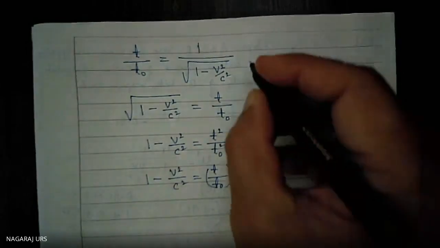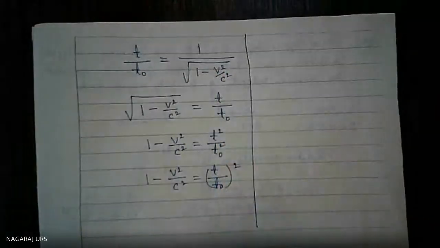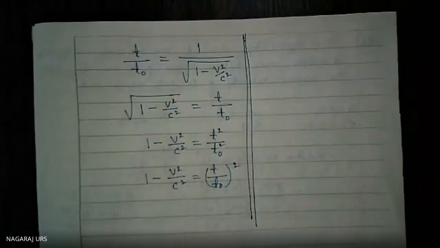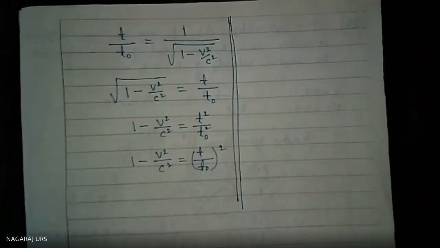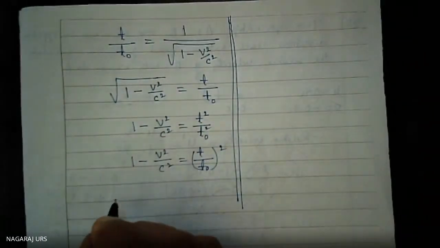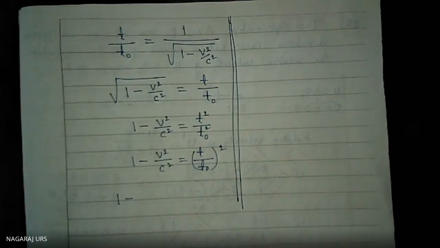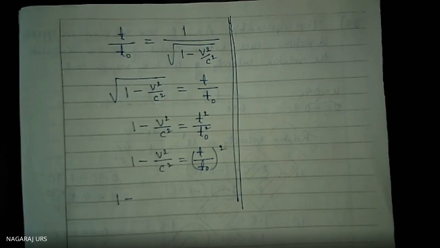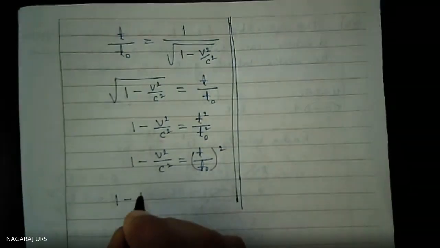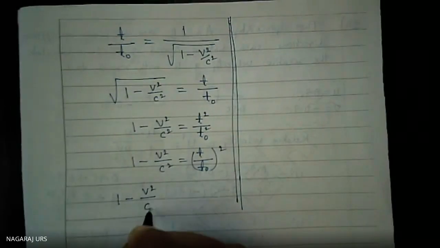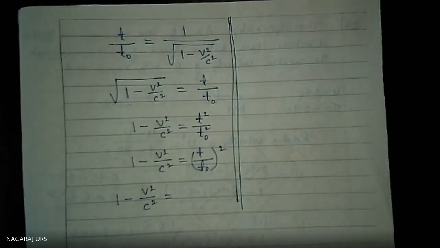Okay. So here, 1 minus V square divided by C square, T by T naught.